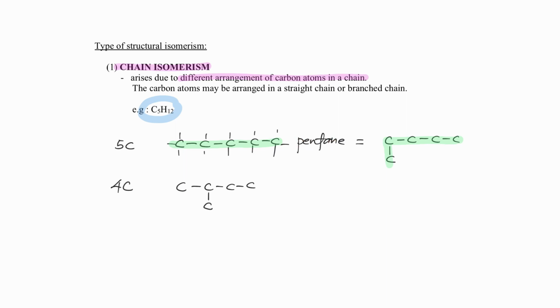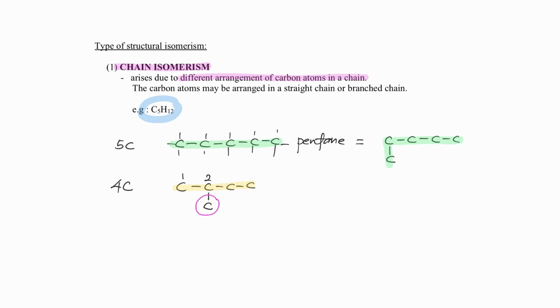For this one, we can name it. First of all, we have to find the longest carbon chain. The longest carbon chain has 4 carbons, so the prefix will be but-, so it will be butane. Next, we make this C a branch. If it is 1 carbon in the branch, we name it methyl, so the name will be methyl butane.